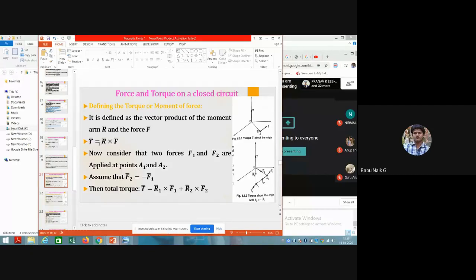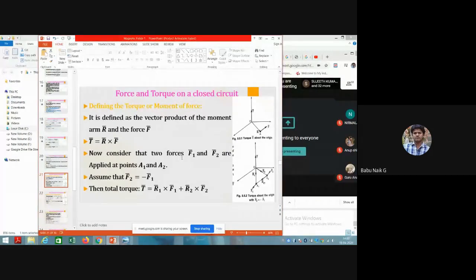So torque is equal to r cross F bar, where r is the vector to the point at which you are calculating the torque, and the torque is in the other direction. Between F and r you have the angle theta, so there is a sine theta between r vector and F vector, which gives the resultant torque.